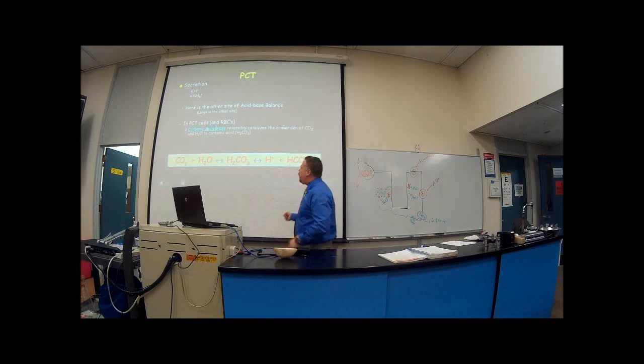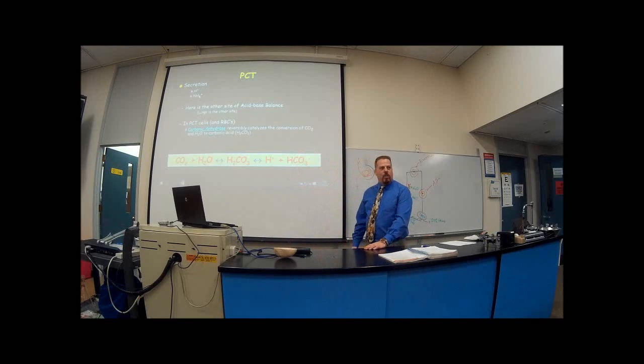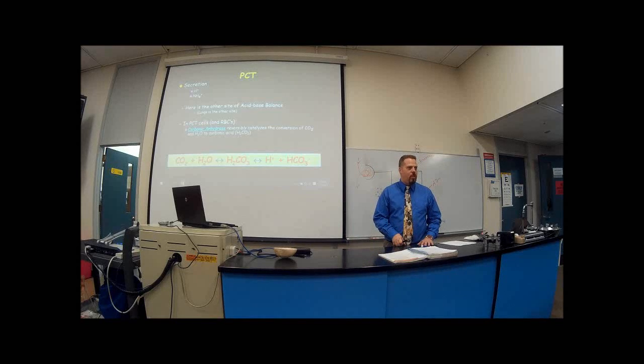So this is the other side of the acid-base balance scheme. Lungs took care of this, and this is where the kidney takes care of the ions. And you can see where this is going when we talk about acid-base balance and electrolytes and fluids, which is the next chapter, and that's why I put this all together in one exam. They all have to do with each other.